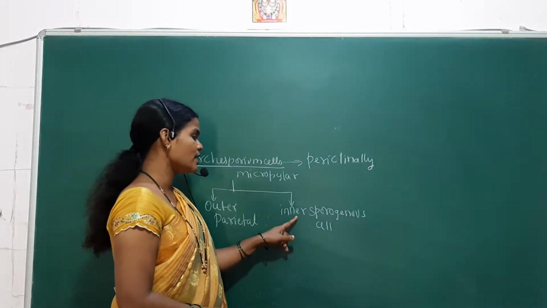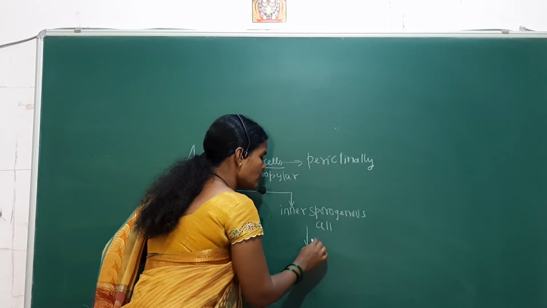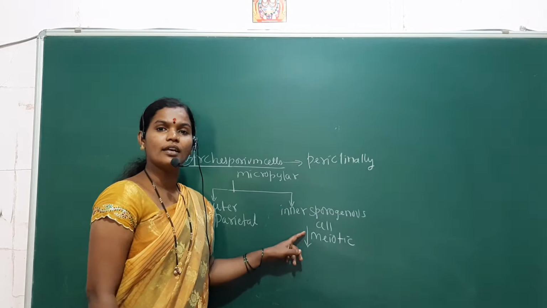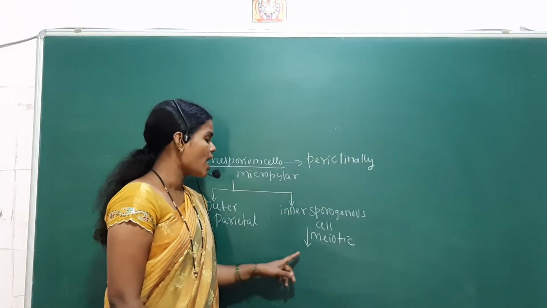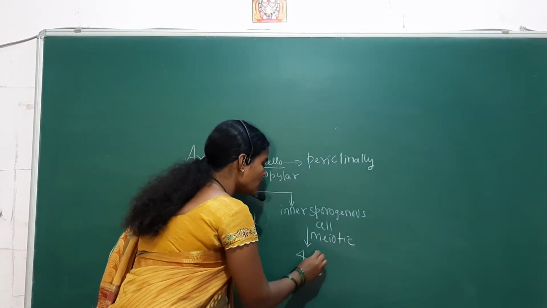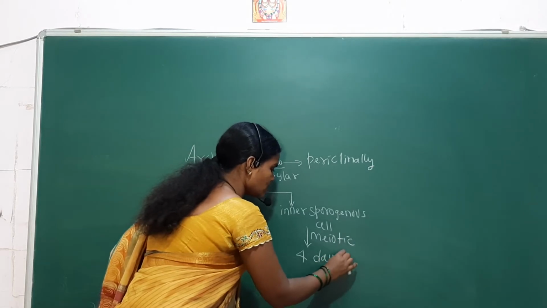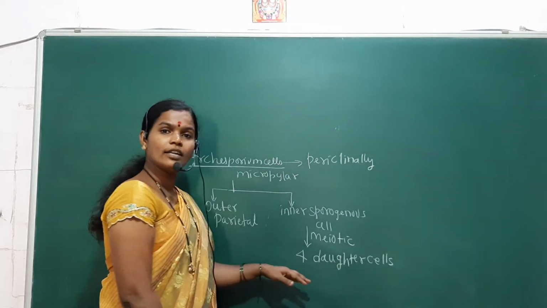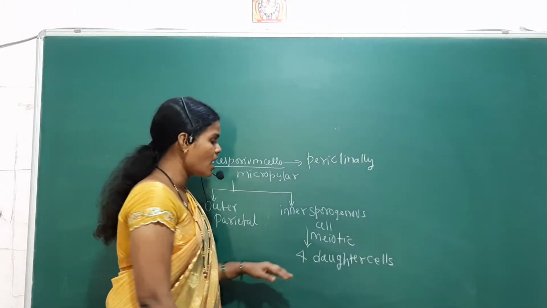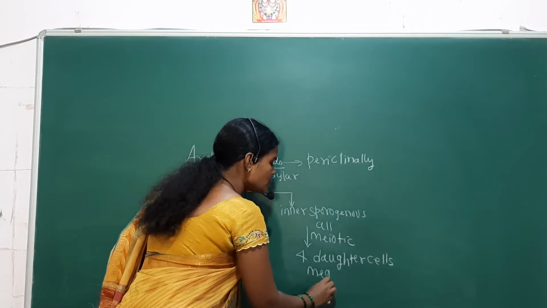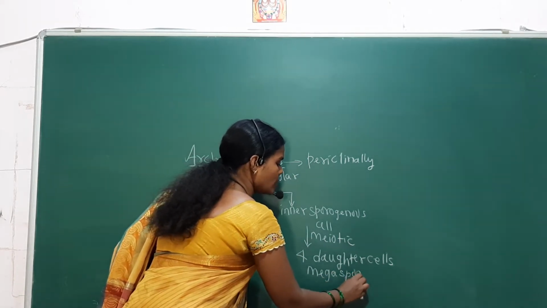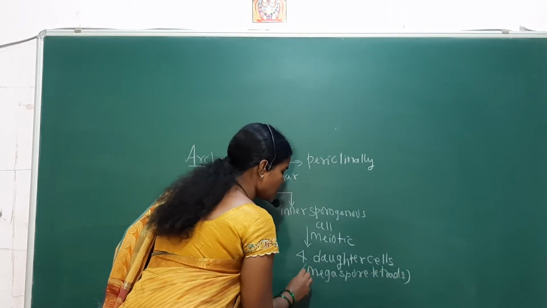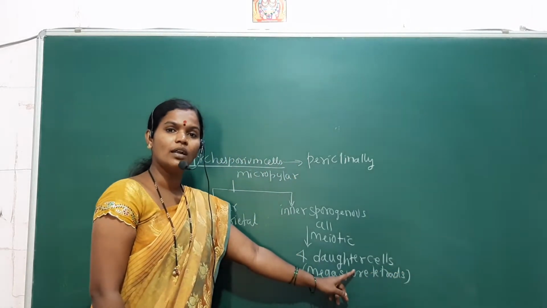See here, this inner sporogenous cell undergoes meiotic division and forms 4 daughter cells, and those 4 daughter cells are called megaspore tetrads. That means there is a presence of 4 daughter cells.